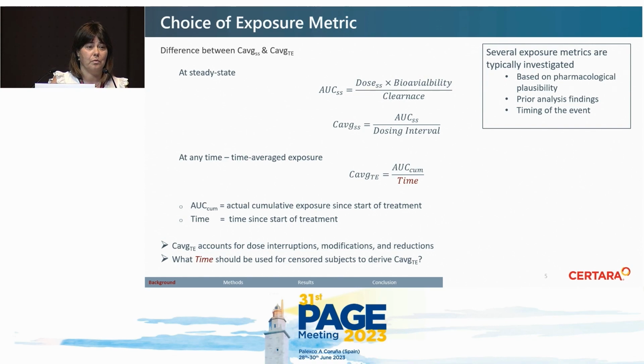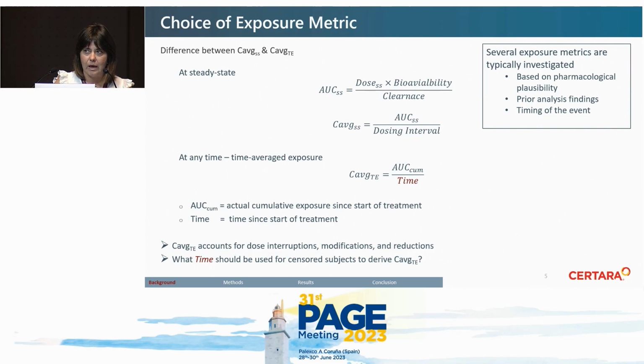You will also base your choice of exposure metric on prior analysis findings or on the timing of the event that you have. So exposure metrics that you might look at are minimum concentrations, maximum concentrations, AUC at cycle 1 after the first dose or at steady state, etc.